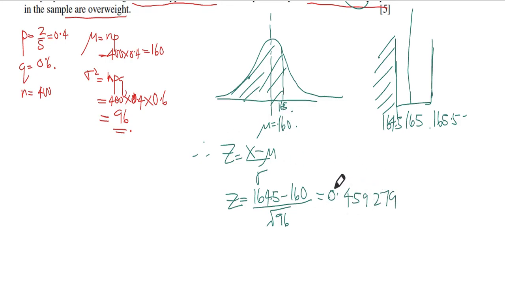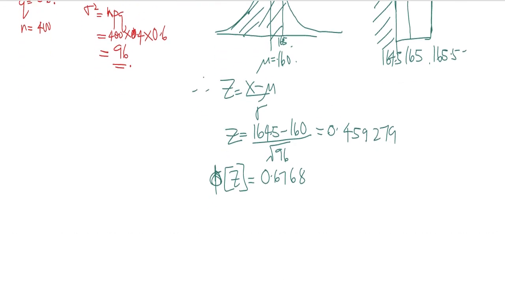So find out what the value of phi of z is, and the value that I have is 0.6768. If I round that to 3 SF, the probability of X equals 0.677. And that's the answer.